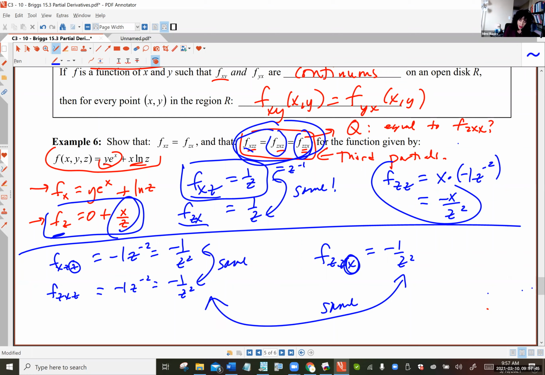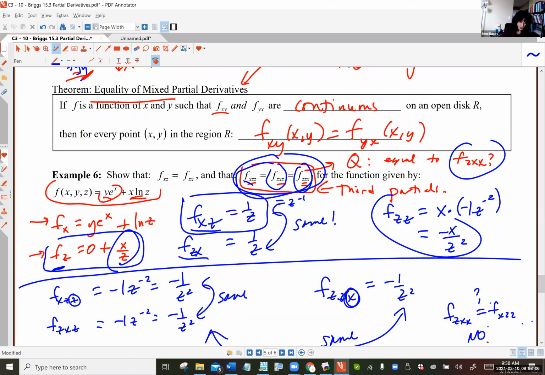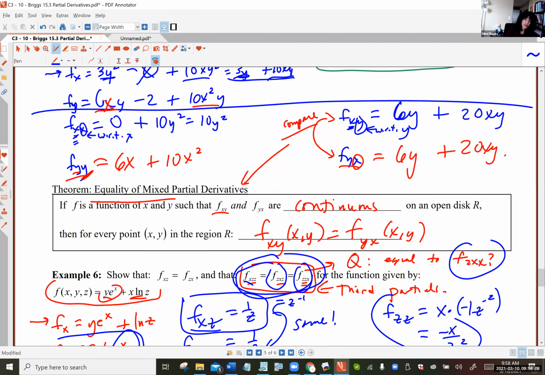Now, what about fzxx? I'm not going to go get fzxx, but this could be a true-false question. Hint, hint. Are you guaranteed that fzxx is always going to be equal to, say, fxzz? And the answer is no. Because when you're saying that mixed partials are equal, this theorem here, please do not get confused.